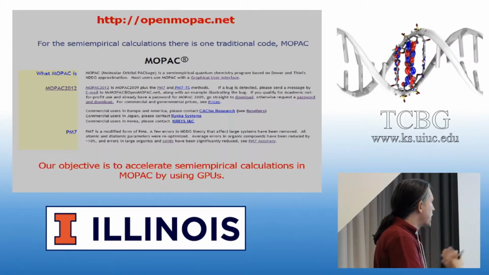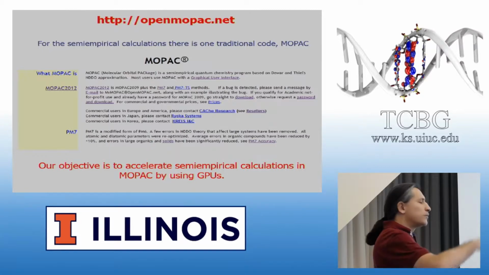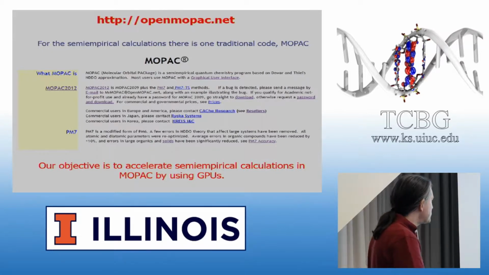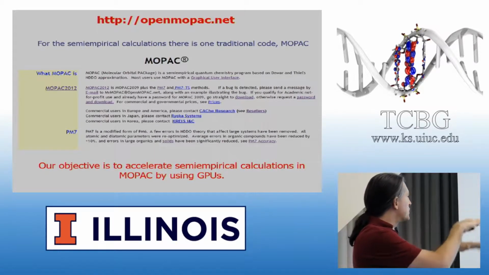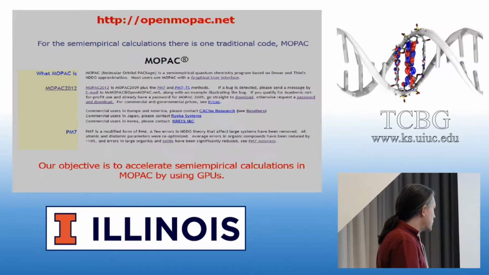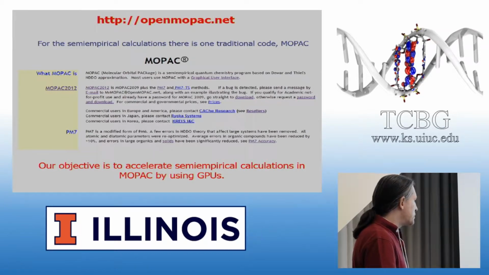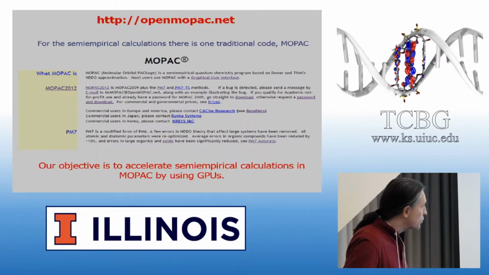It has a lot of lines of code, and it's very difficult to find the points we need to improve in this code. And our objective is to accelerate semi-empirical calculation in MOPAC by using GPUs.